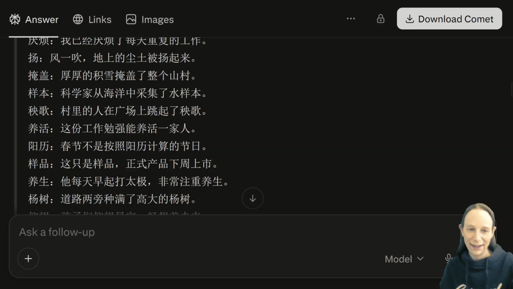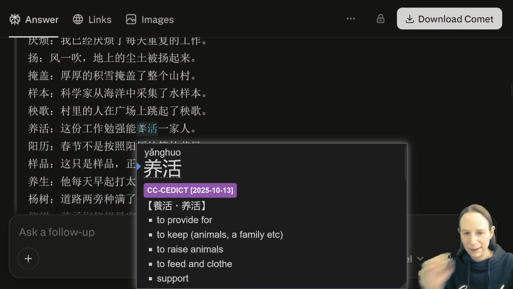All right. Yang huo. What is yang huo? 这份工作勉强能养活一家人. Oh, okay. So this is sustain, in the sense that this job can sustain one person, but it's not enough for a whole family. 勉强 implies it's a real struggle. Provide for.